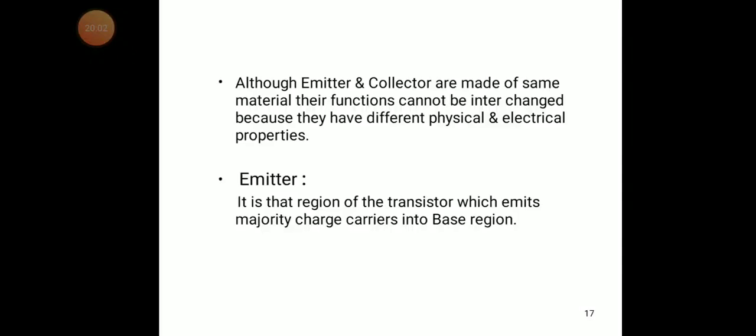The doping concentration of the emitter is more than both base and collector.